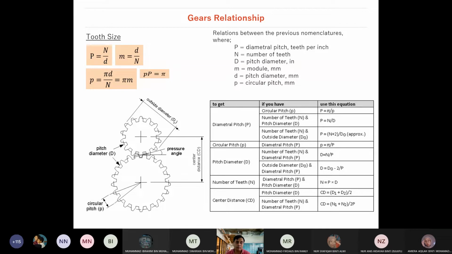So the distance, let's say that this is the gear. Before that, sebelum saya nak cerita lebih lanjut, biasanya kalau you have a set of two gears, the first gear we call the pinion. Ya, saya cuba lukis sekejap.